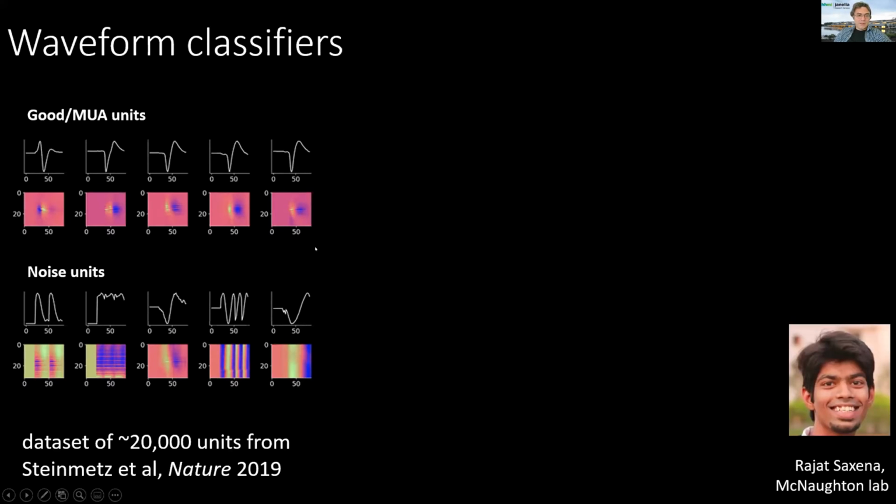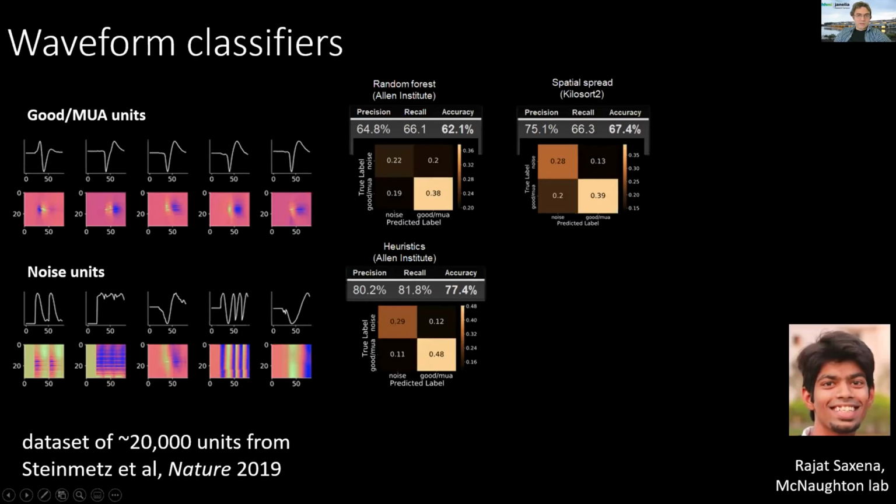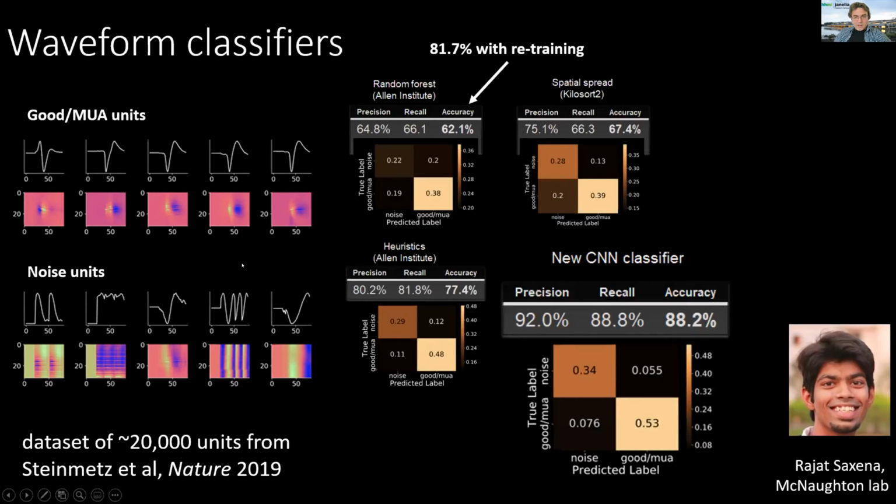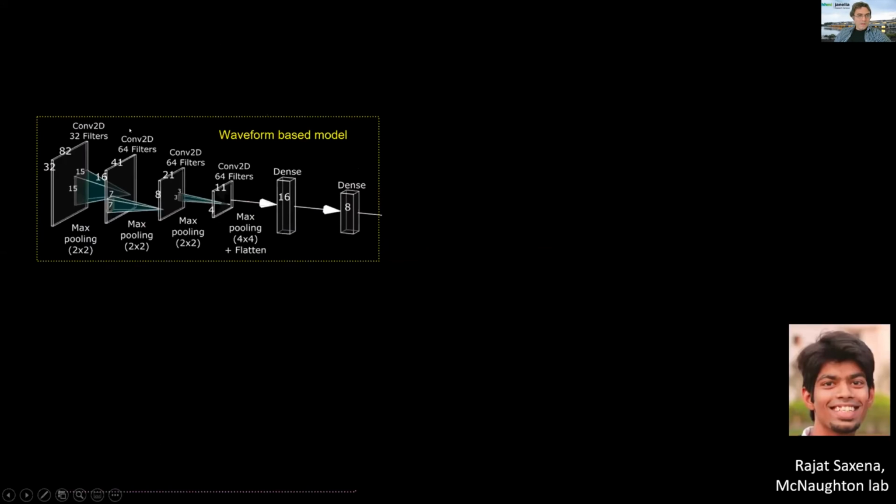We can take a fairly standard machine learning classifier, a deep neural network, and train it to do pretty well. So this is just a CNN classifier. There were some other heuristics we compared against here, but just using this classifier on this pre-trained data set gave us a lot of accuracy in terms of predicting good versus MUA units.